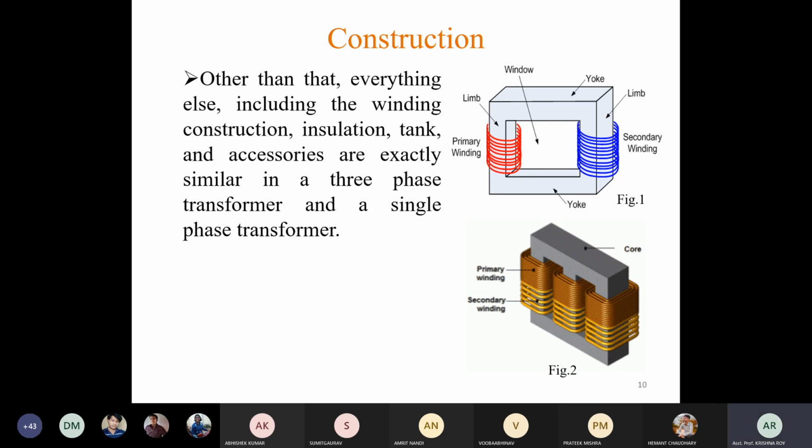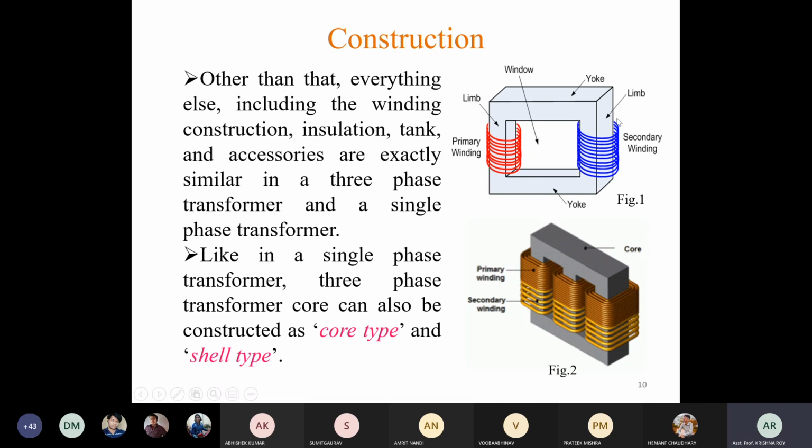So other than that, everything else like winding construction, insulation construction, tank and other accessories are exactly same in case of a 3-phase transformer as that of a single phase transformer. Okay, so only the core is differently built.